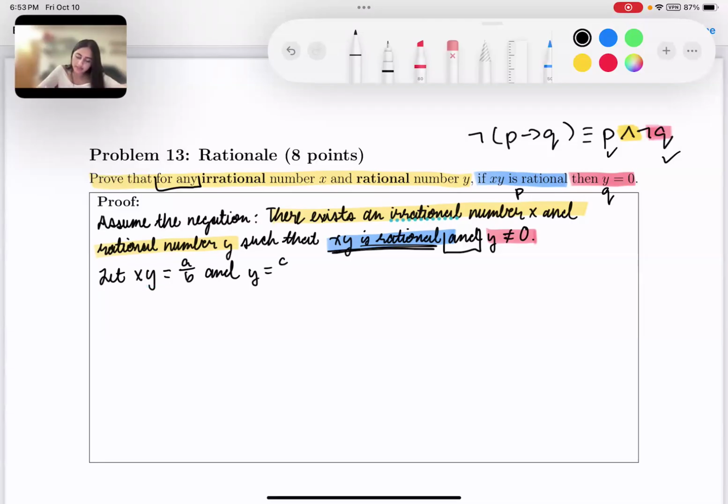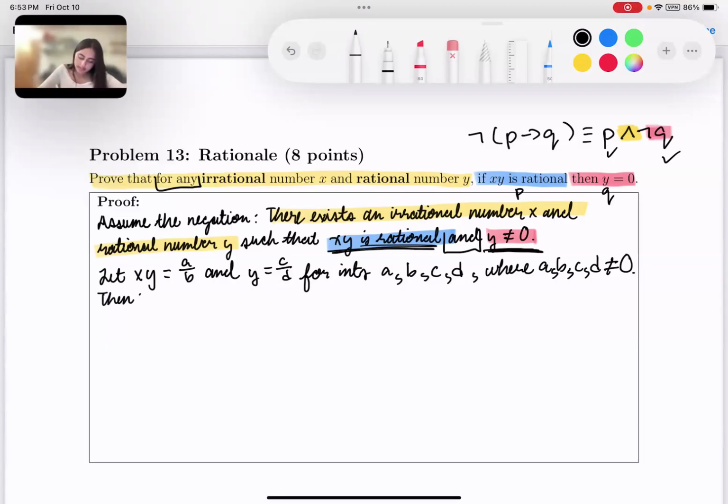So let's say y equals c over d for integers a, b, c, d, where a, b, c, and d are not equal to 0. Because we're saying that as an assumption here, that would be all right to say, because we know that y is not going to be equal to 0.